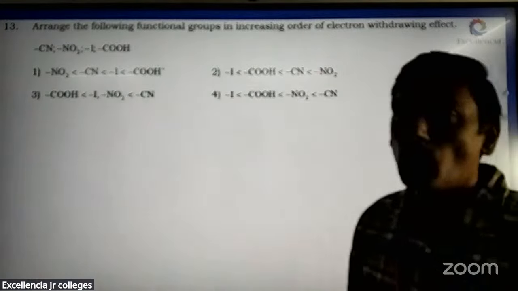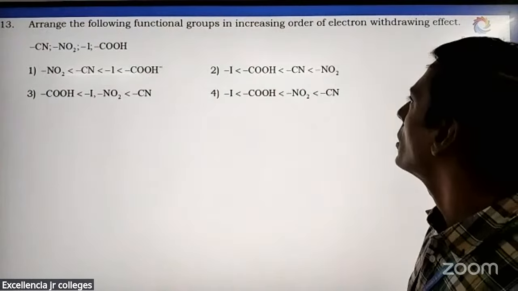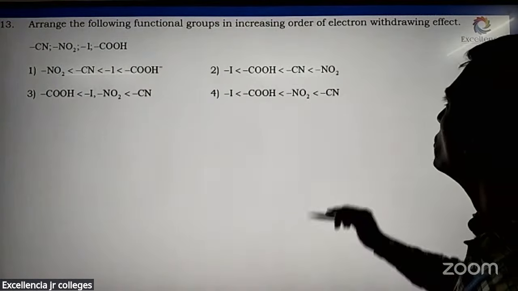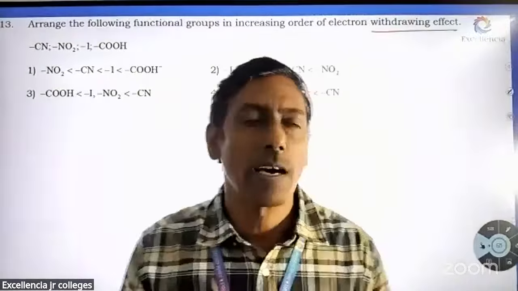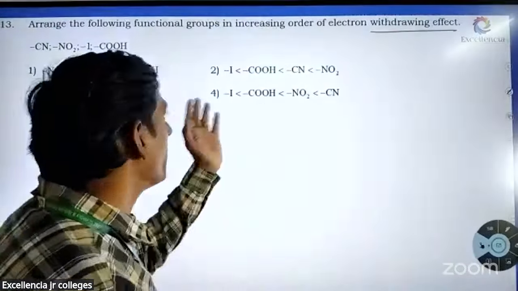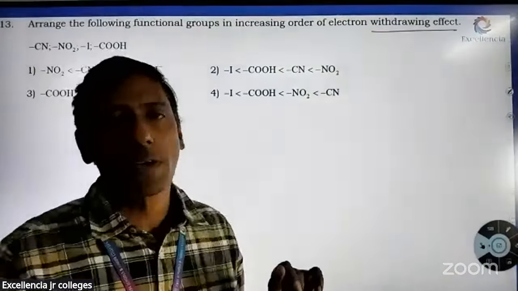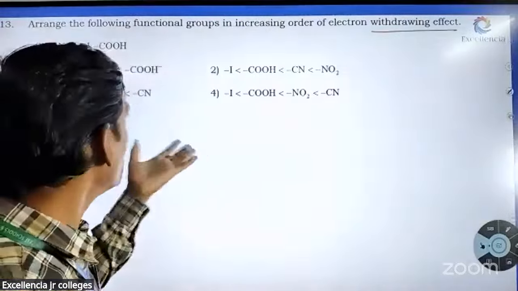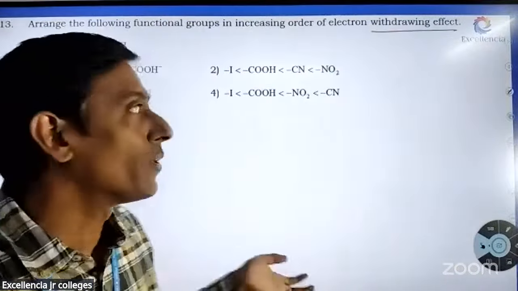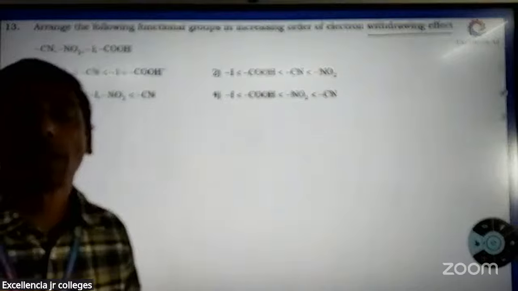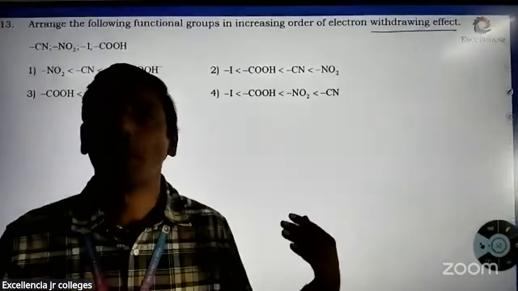Next. Arrange the following functional groups in the increasing order of their electron withdrawing effect. This directly influences what we'll be studying in GOC. Then we'll come across the same thing when we go for the benzene topic.